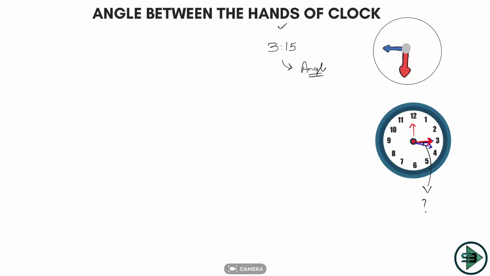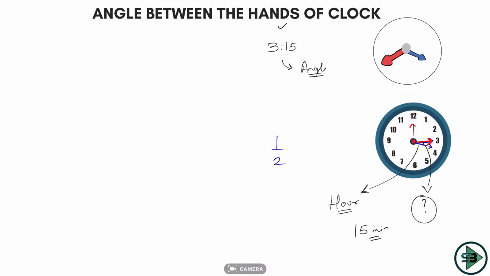There are two ways to solve this. First is by using logic. What does the logic say? This angle is nothing but the distance traveled by this blue hand, the hour hand, in 15 minutes. What is the speed of the hour hand? Half a degree per minute, right?